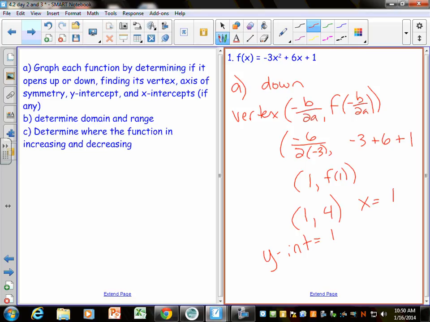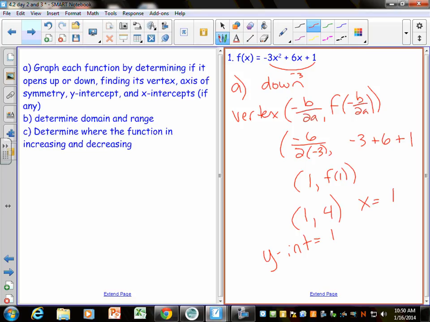We could do the quadratic formula, but looking at this, if I was going to factor this, I would multiply the first and the last together, and I would say, is there anything that multiplies to give me negative 3 that adds to give me 6? There's nothing, which means that's not going to be a pretty number. It's either going to be imaginary or it's just going to be an ugly decimal.